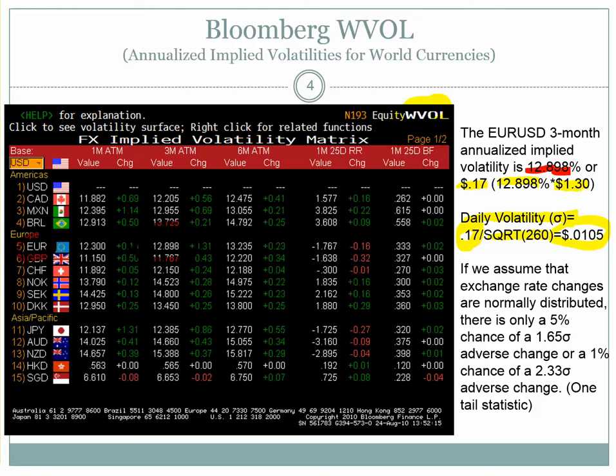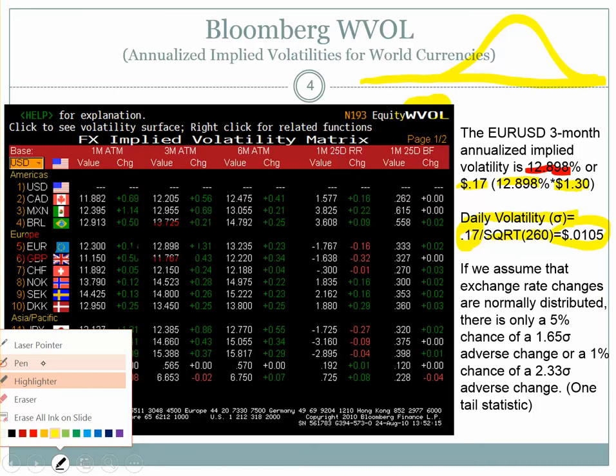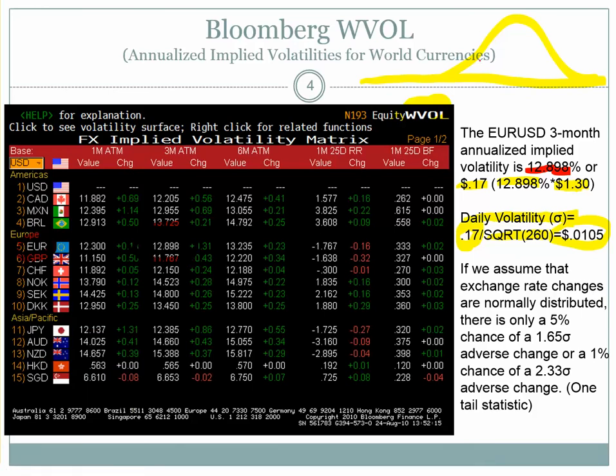If we make another assumption that changes in the exchange rate are normally distributed, in other words, have that bell-shaped curve, we can then use the properties of a normal distribution and make statements like, what is the probability of having, say, a 5% worst-case change in the exchange rate?